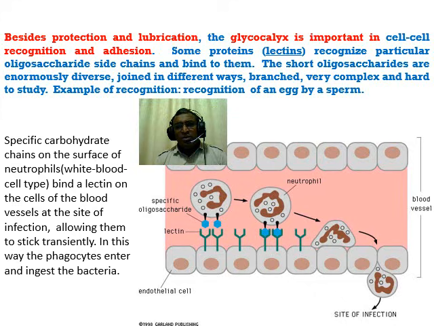So that's the importance of the glycoprotein or glycolipids that are found on the outside of the surface of the cell.